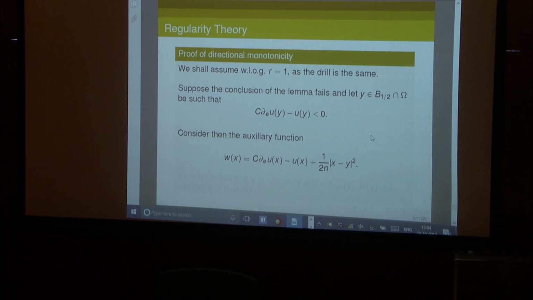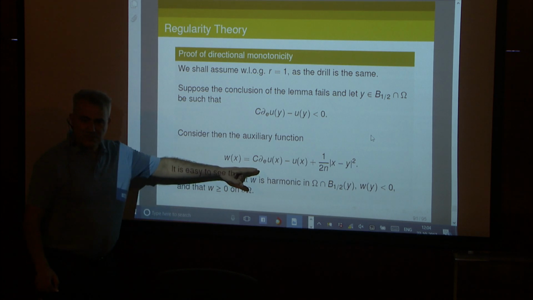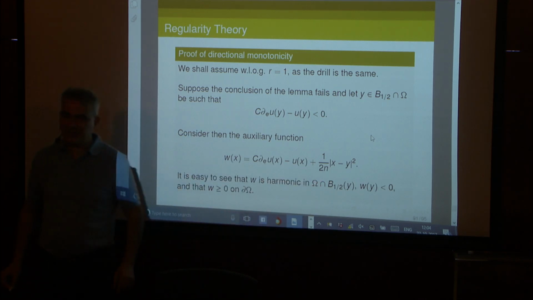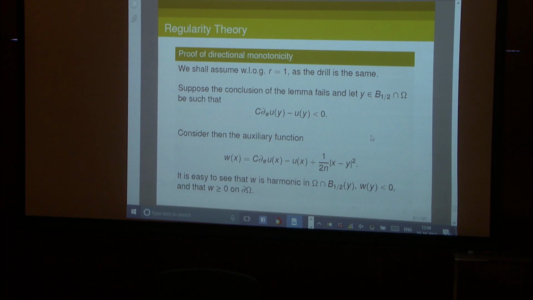So what possibilities do we have? There are two boundaries. One boundary is this guy. One is this one. What happens on this boundary? On this boundary, the derivative is 0. This is 0. The function is positive. So on this boundary, the function is positive. But the function has a negative minimum, and it has to be here.